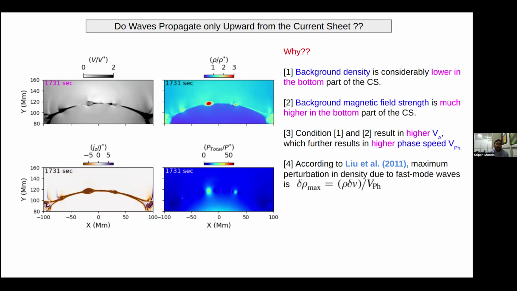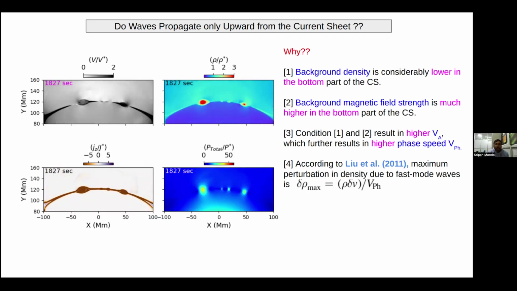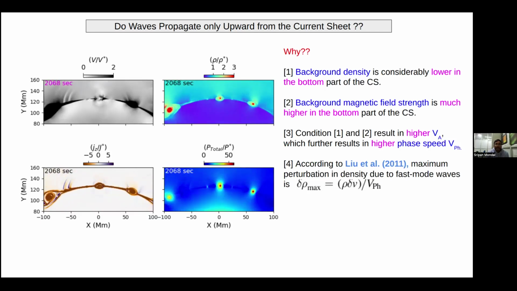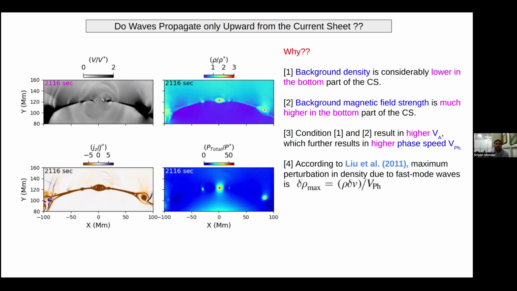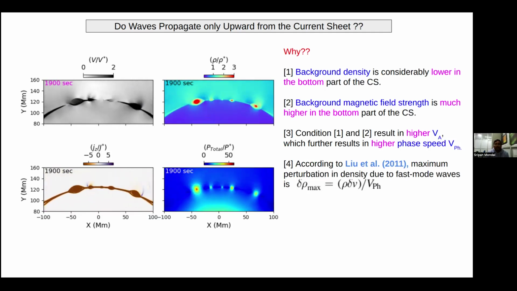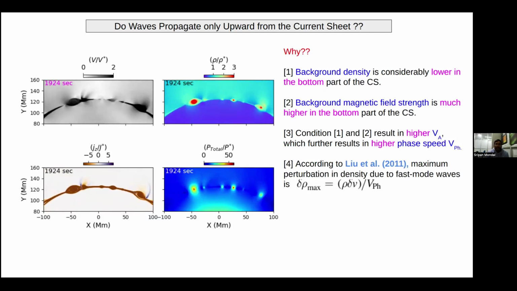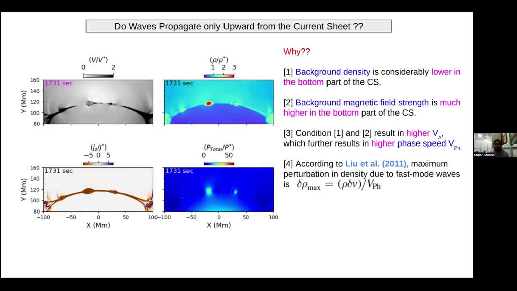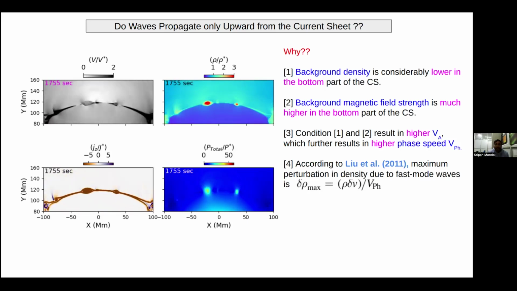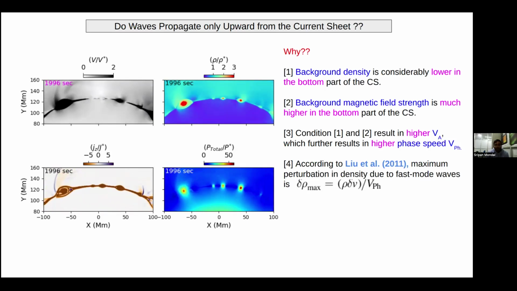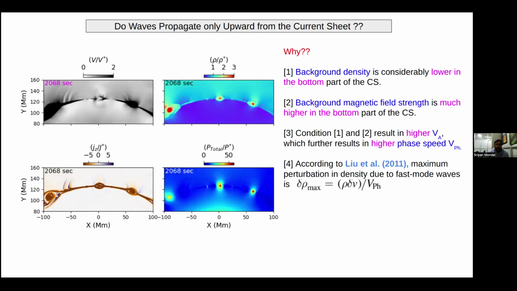If you look, the background density is considerably lower in the bottom part of the current sheet. Also, the background magnetic field strength is much higher in the bottom part. These two conditions result in a higher Alfvén speed, which further results in a higher phase speed. According to Liu et al., the maximum perturbation in density due to fast mode waves is del rho max = rho del V by VPH.